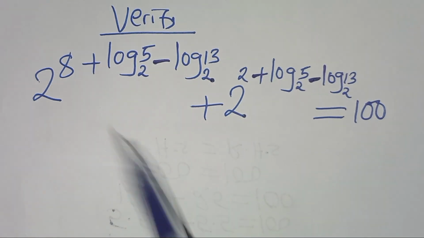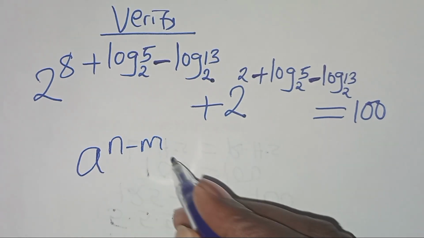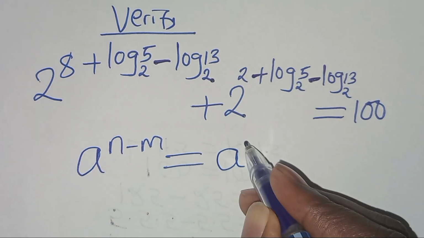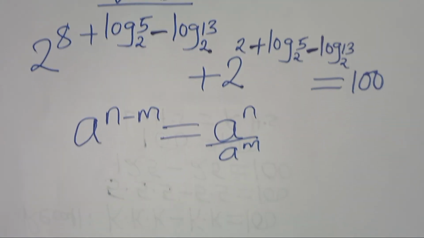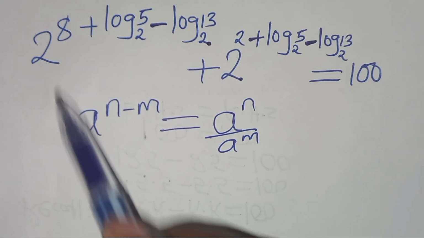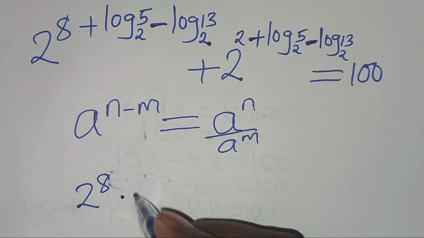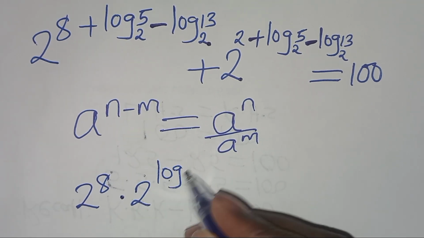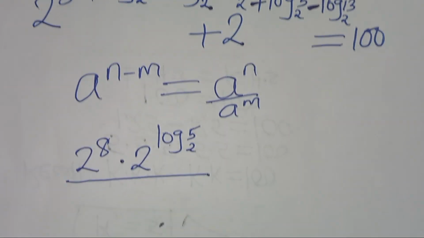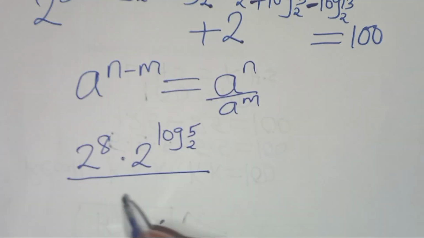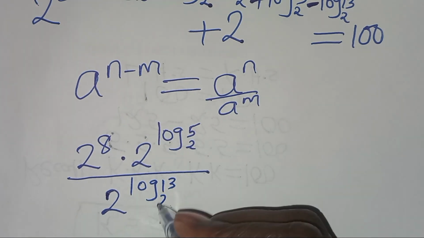Now, this is actually in the form of a to power n subtract m, which you can express as a to power n divided by a to power m. Applying this exponent property, here we'll have 2 to power 8 multiplied by 2 to power log 5 to base 2, divided by 2 to power log 13 to base 2.